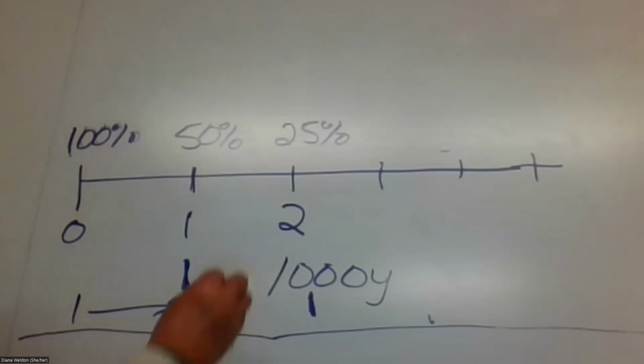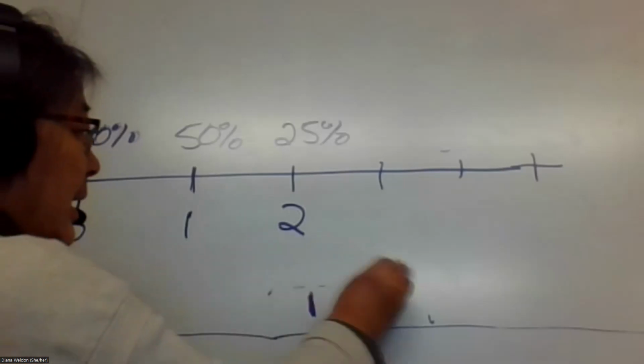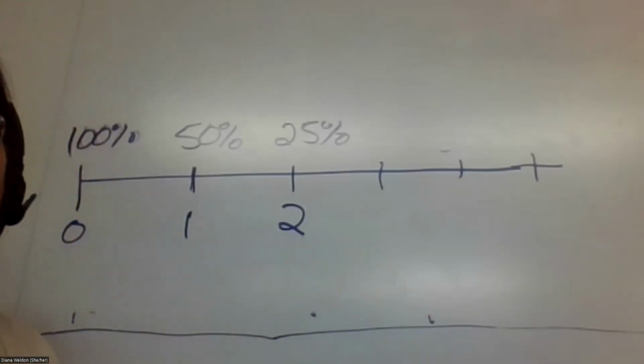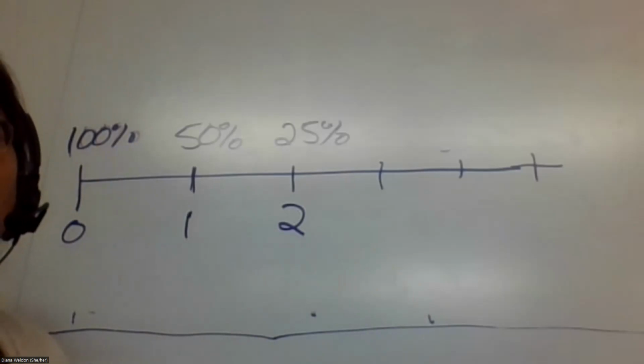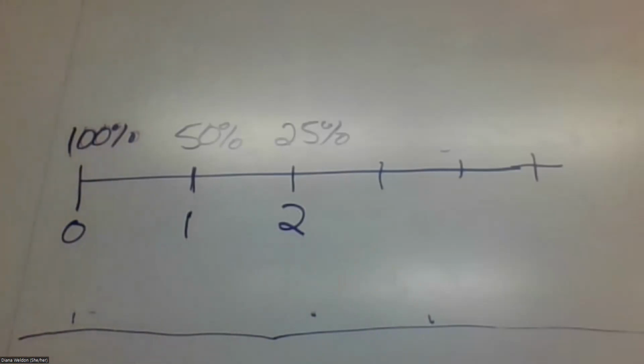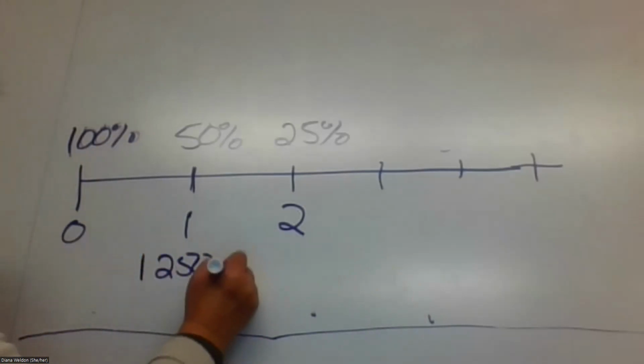All right, the next question, number 3, says that the half-life is 1,250 years. What percent of the atoms remain after 7,500 years? So we start with 0. The first half-life is 1,250 years.